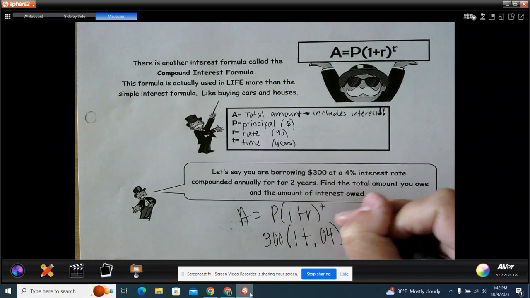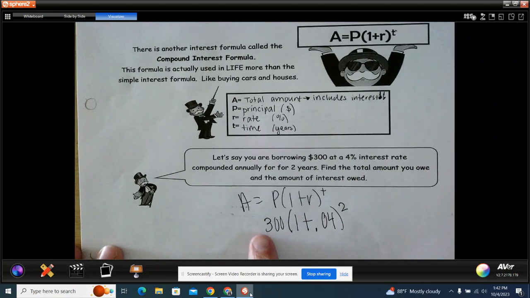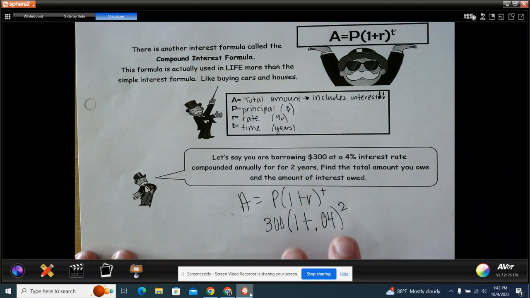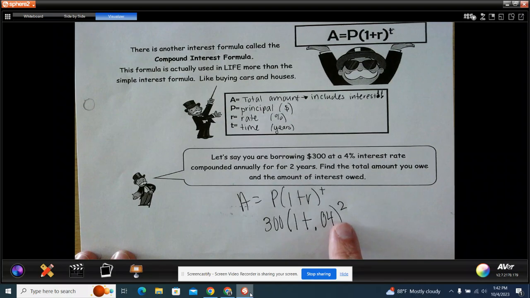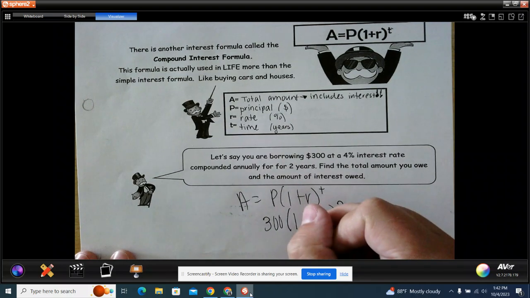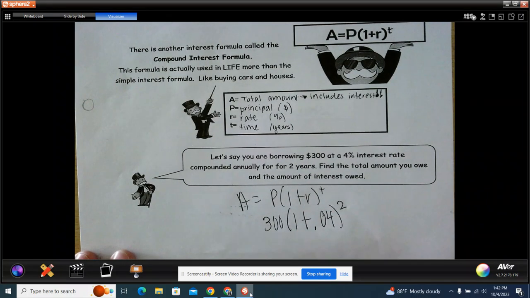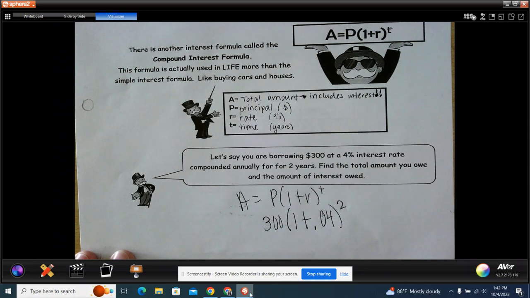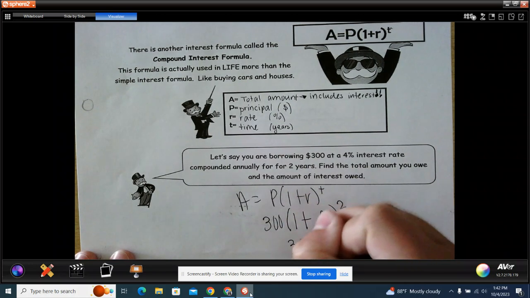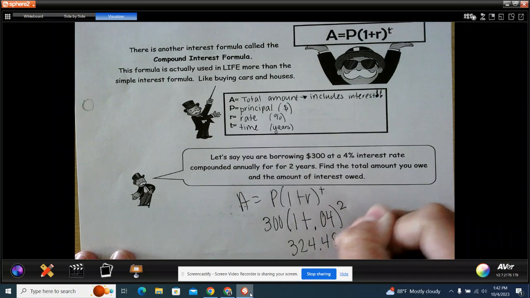And then our T is 2 years. So we'll type this in our calculator. Make sure you use parentheses, and then we have an exponent of 2. And so this is going to give us $324.48.